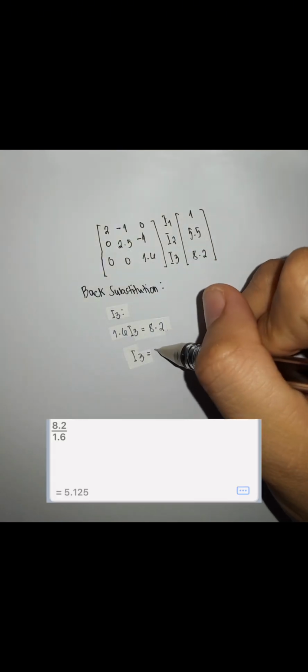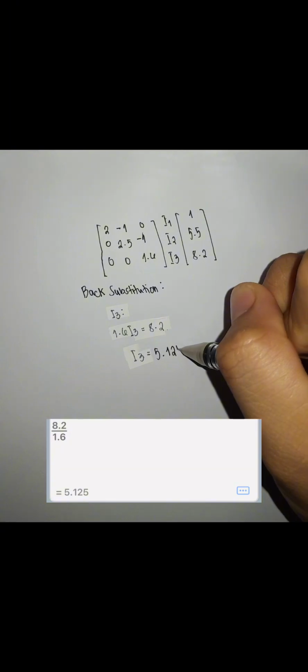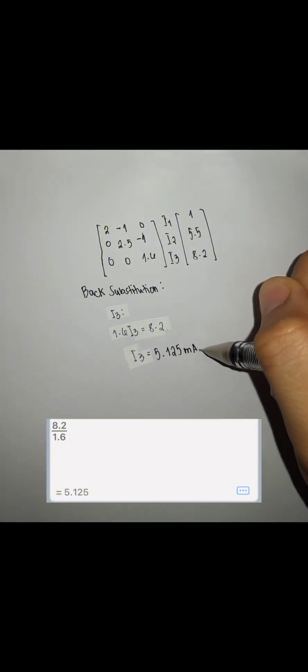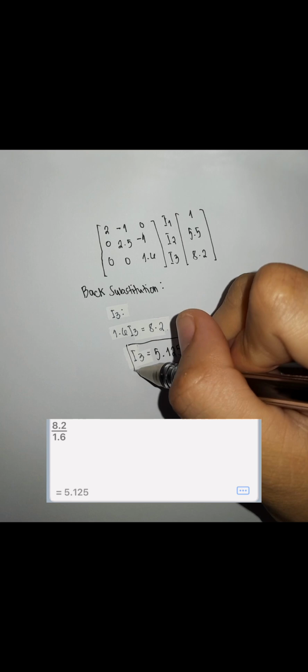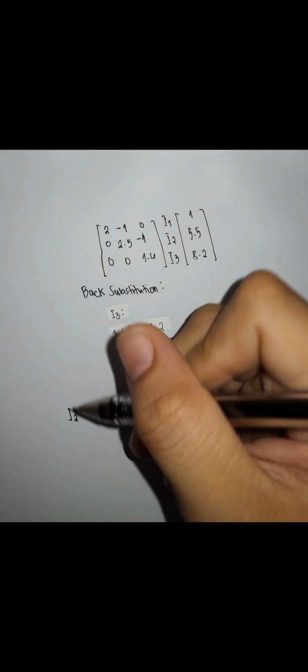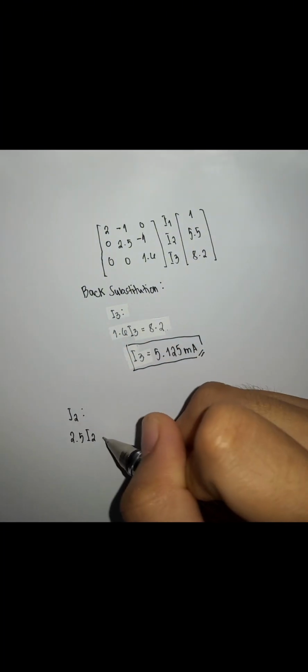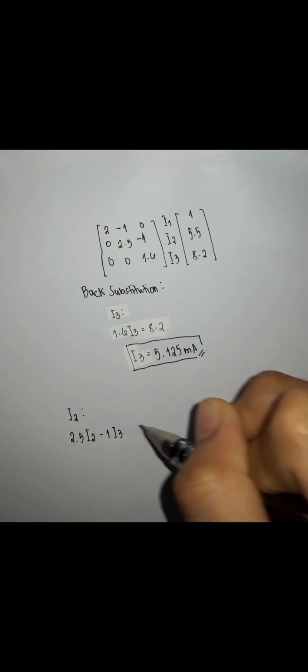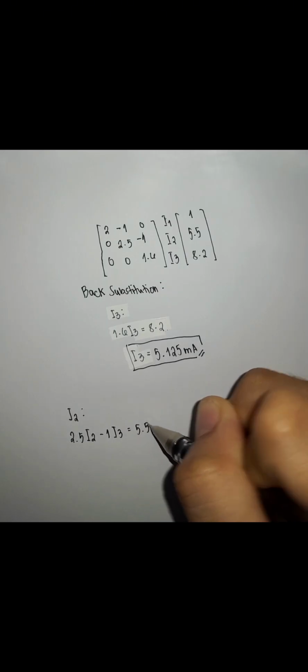Now for solving for our back substitution, first is I3. So 1.6 I3 equals 8.2, I3 is equal to 5.125 mA. For I2, we have 2.5 I2 minus 1 I3 is equal to 5.5.